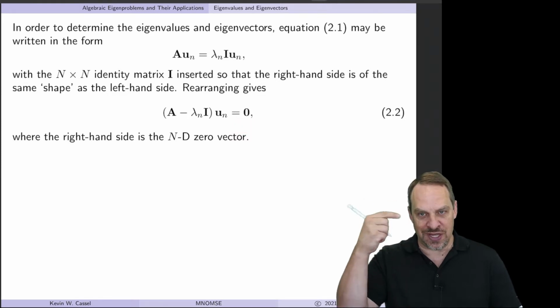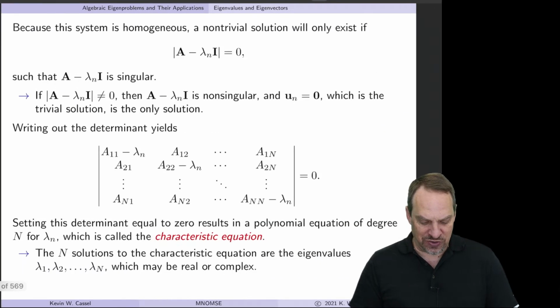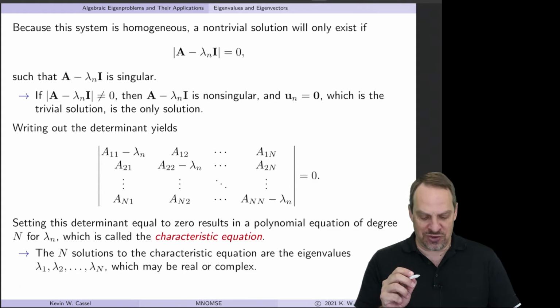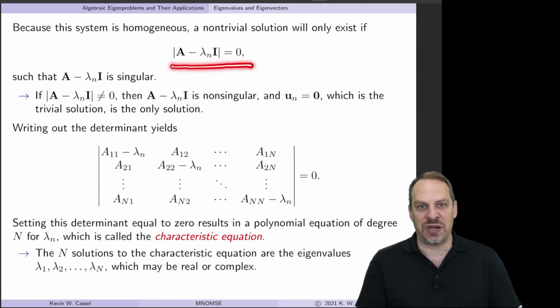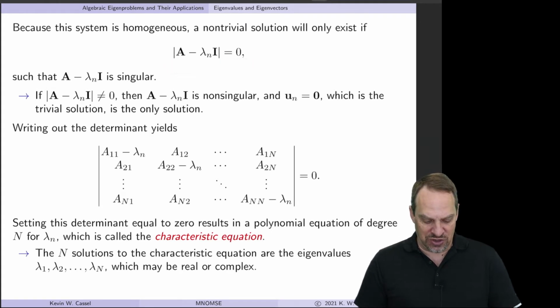So you have to think through that logic to convince yourself that the only way to get a non-trivial solution is if the determinant of A minus lambda I is indeed equal to 0. So here we have it written out. It's the same as the original matrix A, but all we've done is subtract lambdas off the main diagonal. And now we're taking the determinant and setting it equal to 0. Now, determinants are scalars, so this 0 is a scalar 0.